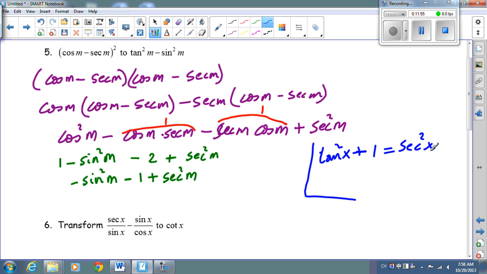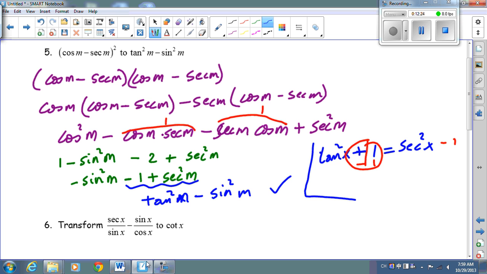So if I want to find out what the secant is, all I need to do is subtract 1 from both sides. This will cancel, and I'm left with tangent squared is secant squared minus 1. So I will use that information here, and this will give me a tangent squared. And of course, I still have minus sine squared. Instead of x, of course, it's m. And that's where I was trying to reach.